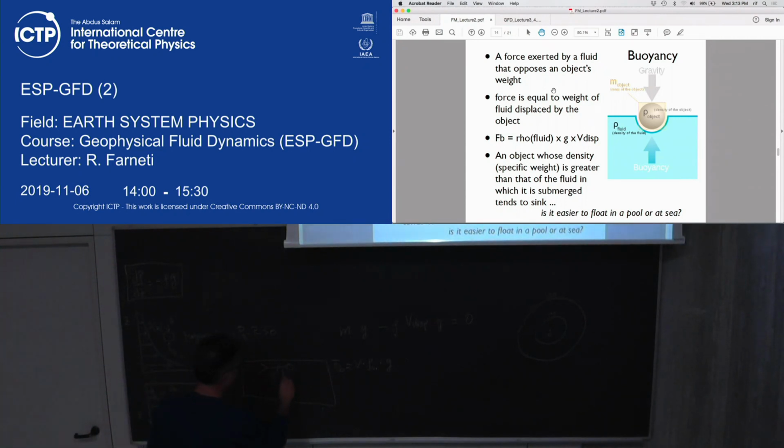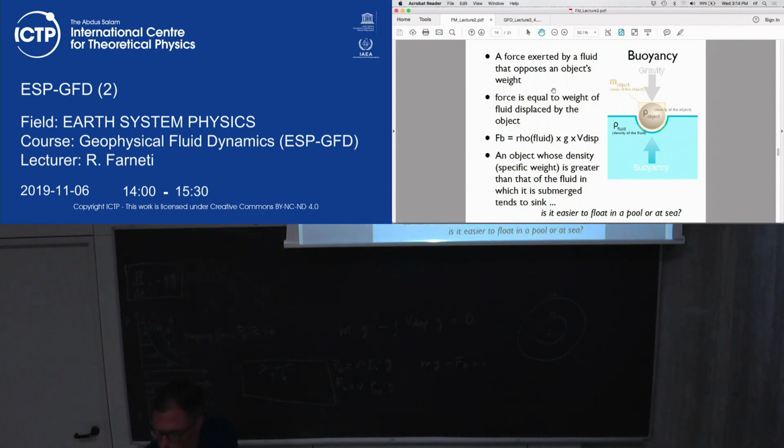And then I have my own weight. At sea, the buoyancy force is going to be my volume times rho, the density of the sea, times gravity. In static condition, my weight minus the buoyancy force is equal to 0.